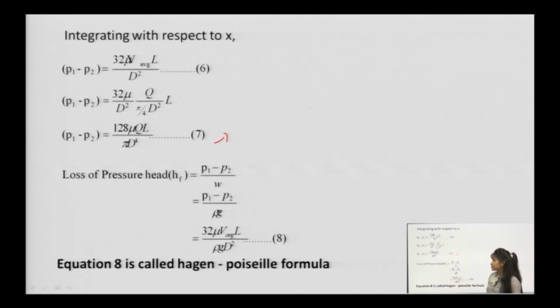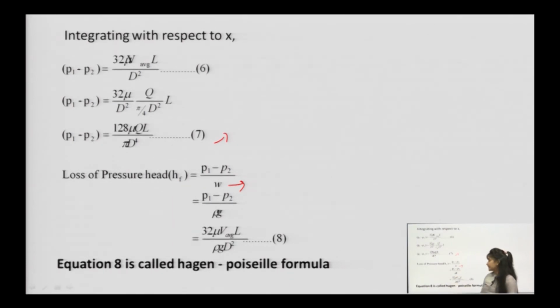Now, we need to calculate the loss of pressure head also. When the term head comes, it means pressure per unit specific weight. So, pressure by specific weight, and specific weight is nothing but rho g.